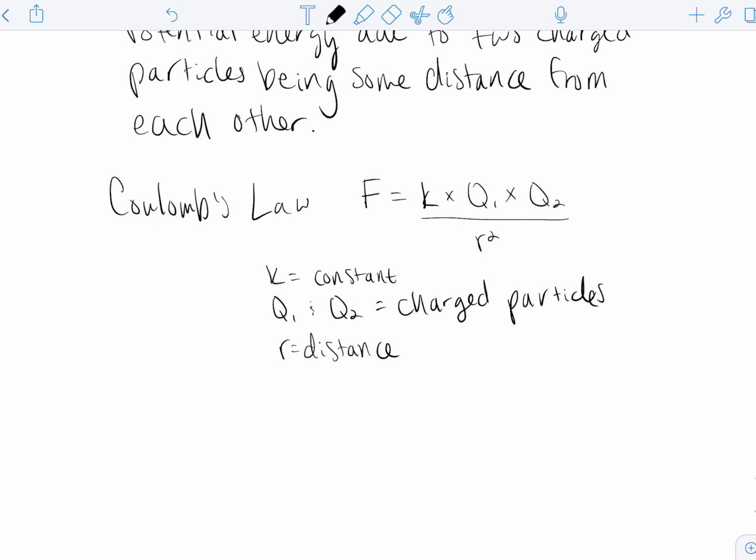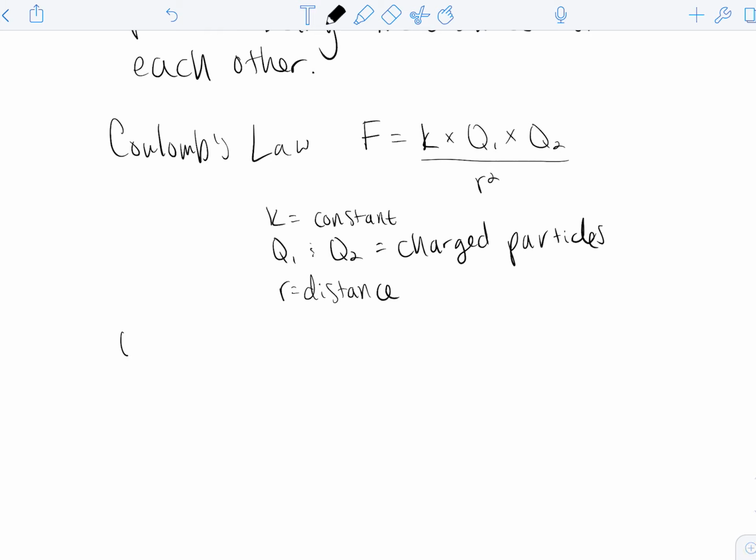Okay, so we can think about this in two different ways. We can have Q1 and Q2 being same charge, or like charge. They can have a like charge, both positive, both negative, something like that. When that occurs, like charges are going to cause repulsion.